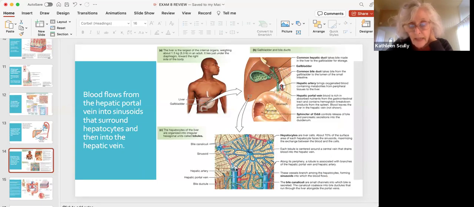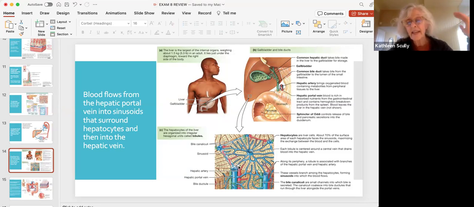And it breaks up into sinusoids, which I hope you remember are those distinct type of capillaries that really readily exchange substances across the cell membranes. The importance of this kind of structure is that the sinusoids are surrounded by what are shown in yellow, the hepatocytes.